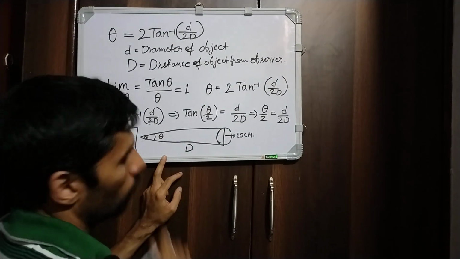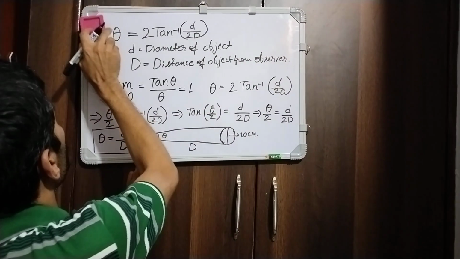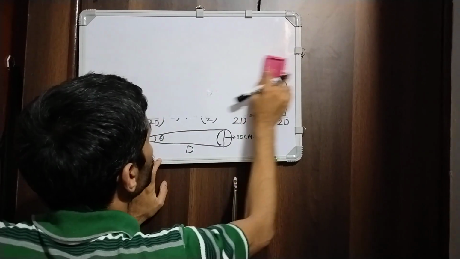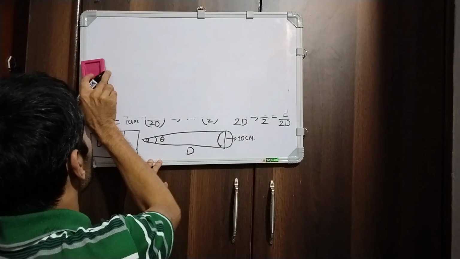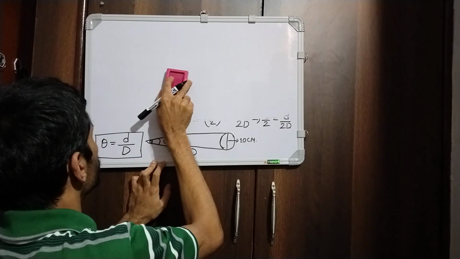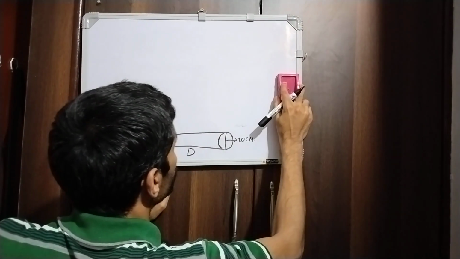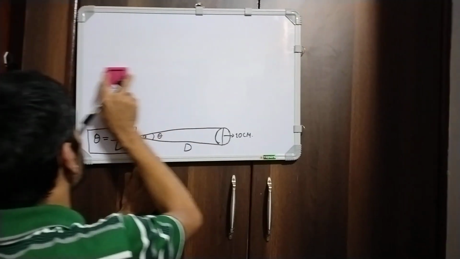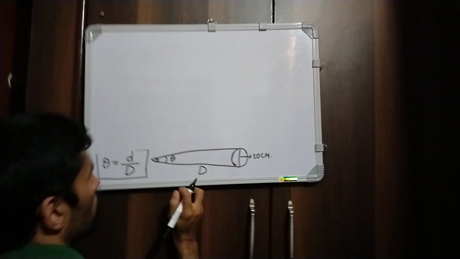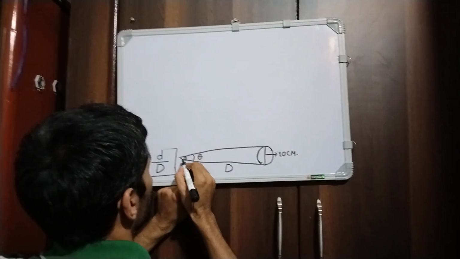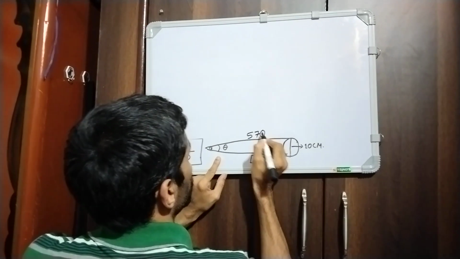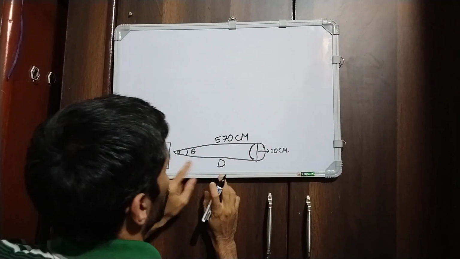Now let us see how to do this. I will say the distance from here to here is, let us say, 570 centimeters.